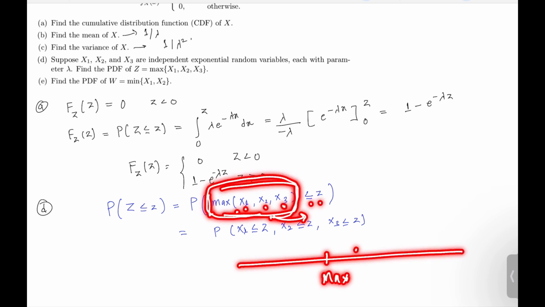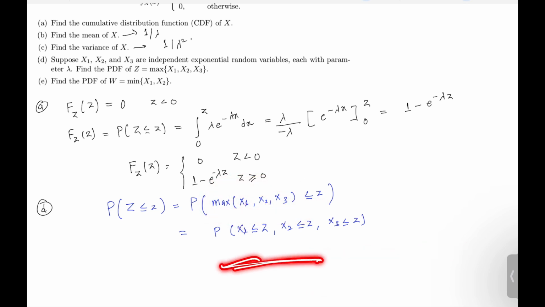So z will be somewhere around here, because the maximum number is less than z. And the other numbers will be less than max, so they will be on this side. So ultimately I can say that each of the individual variables will be less than z.